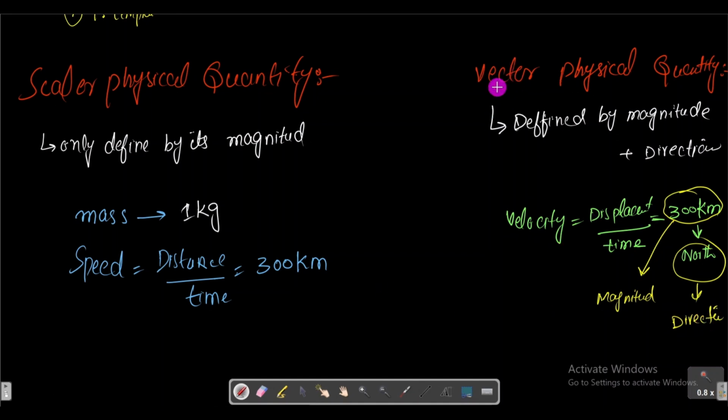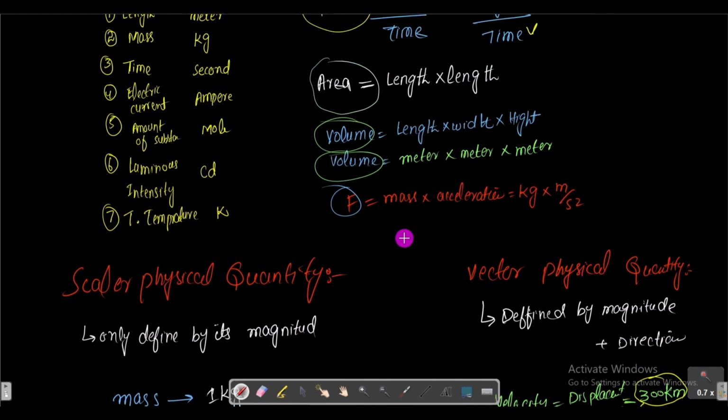In this case, the quantity is called a vector physical quantity. So the velocity is a vector, and the speed in this case is a scalar because there is no direction. This was the simple recap of the physical quantity.